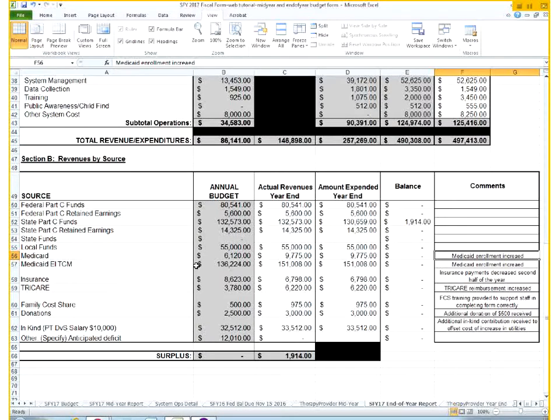So you can see here beside Medicaid and Medicaid TCM that there were some differences in the numbers that were actually received than we anticipated, and that was due to Medicaid enrollment increases. Also, we have over here for insurance, we had that to go down a little bit, and again, we have a note over here that insurance payments decreased the second half of the year.